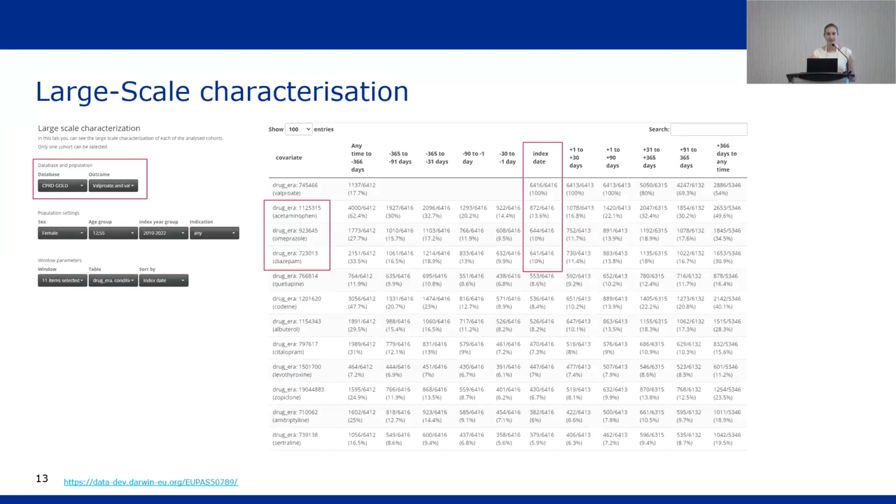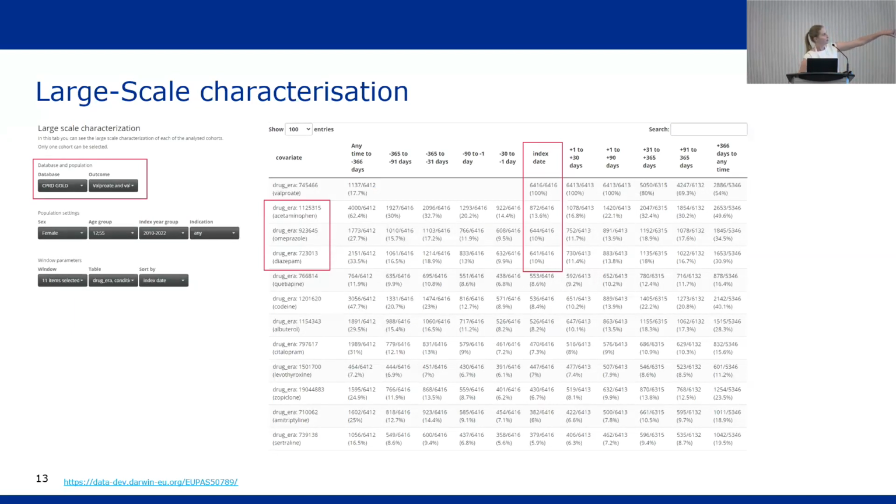I appreciate that maybe in the back of the room it's difficult to see because it's a bit small, but this is one example looking at co-medication, how such a large-scale characterization result could look. We typically use an interactive web application to display that just because it's so much data.